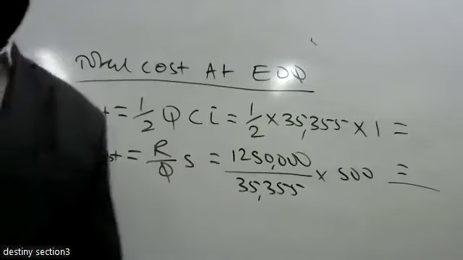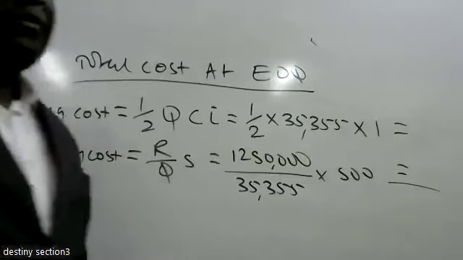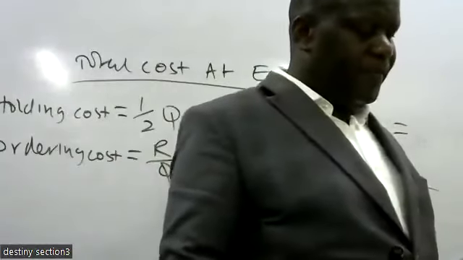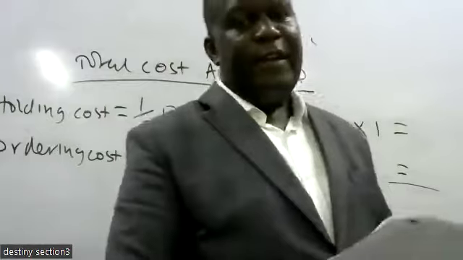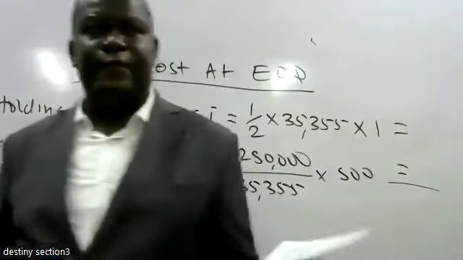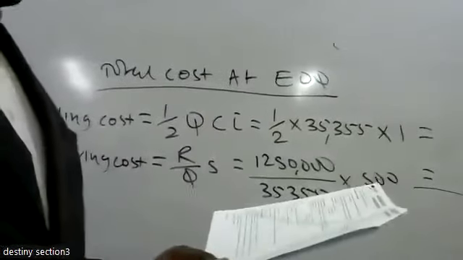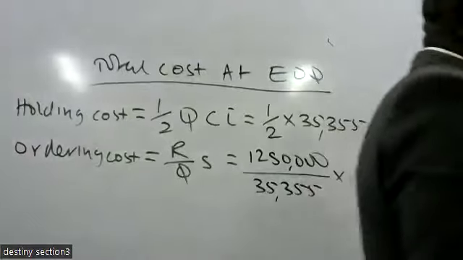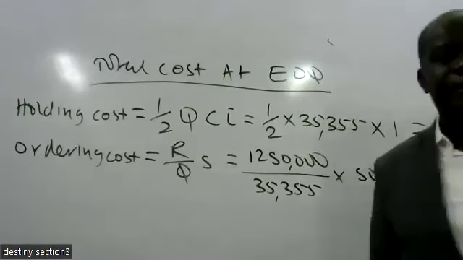So let us now check in the handout. Let us go back to the handout. I want you to go to page 4. Check page 4. Are you able to see B there as the cash management? Let us now check about the cash management.